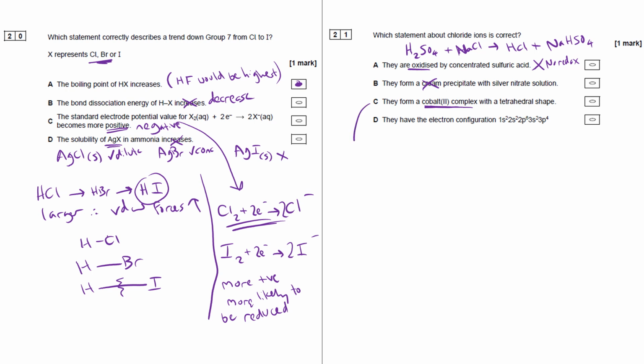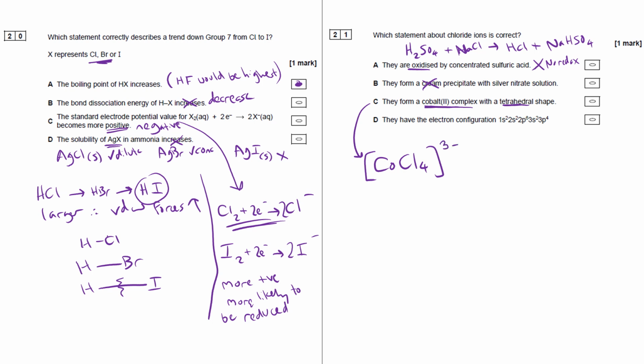Cobalt, that's a transition metal. You should know that chloride ions are very large, so you can only fit 4 of them around the transition metal complex. So chloride ions are very large, and you'd only have 4 ligands around the transition metal complex.